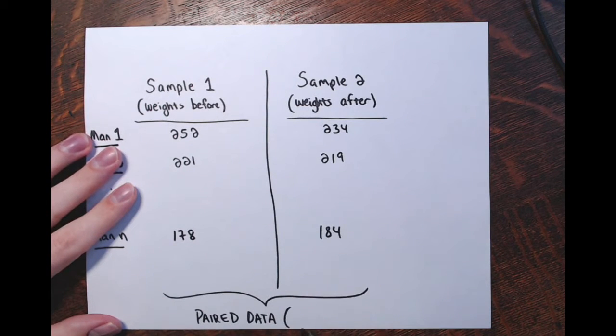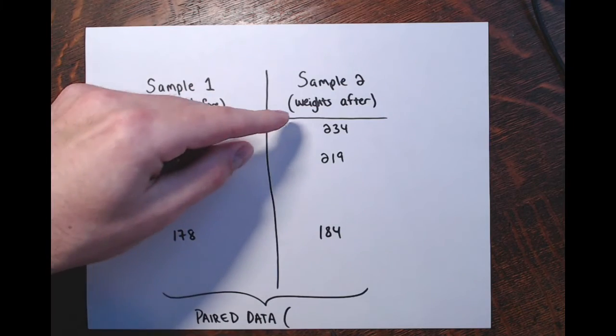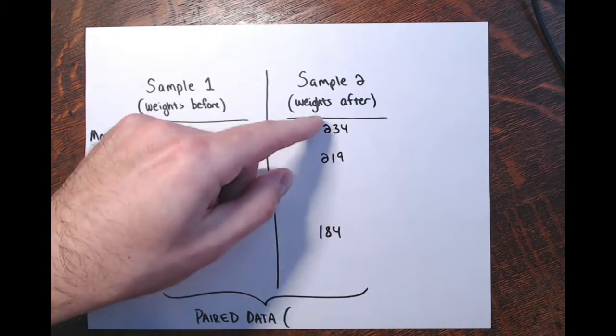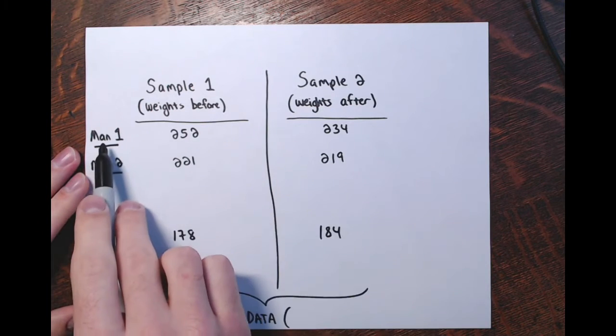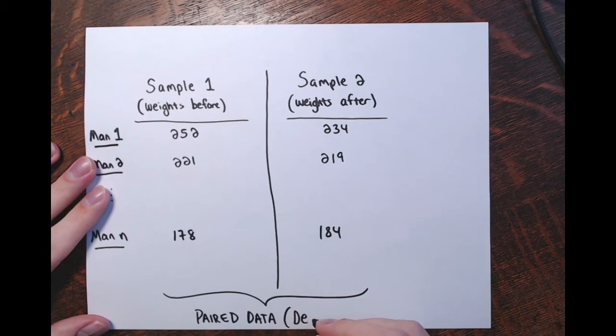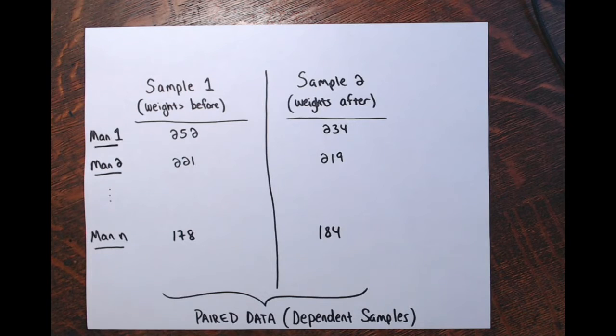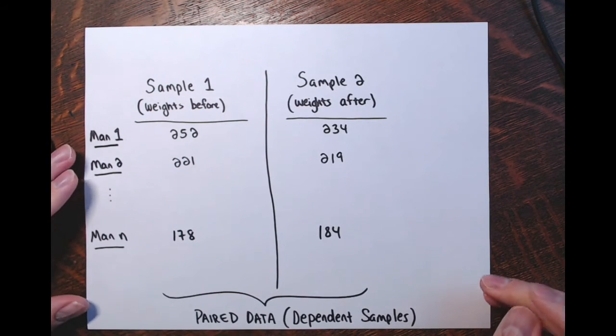And being that that's the case, then you would say that these two samples, the sample of data of the weights before the trial, and the sample of data of these weights after the trial, are definitely linked. These definitely have a relationship, because they're related to the same person. So these are definitely dependent samples. And if that's the case, we have two dependent samples of paired data.